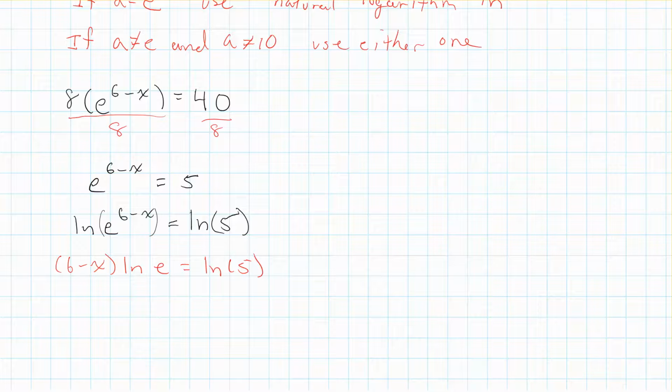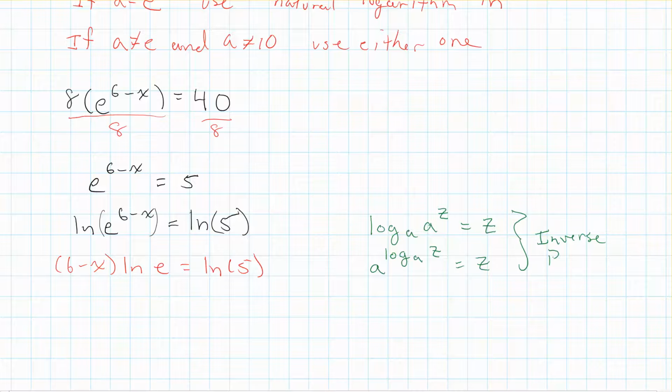When we first defined the logarithms, if you have the log base a of a, and I'm just going to put z here, this is just equal to z. The other one you can do is if you have a to the log base a of z, this is equal to z. These properties, which we already know, are called inverse properties.